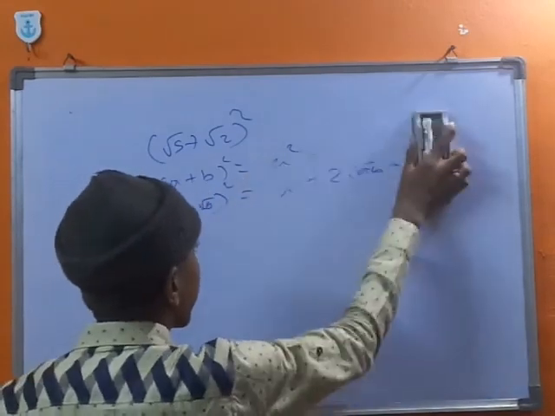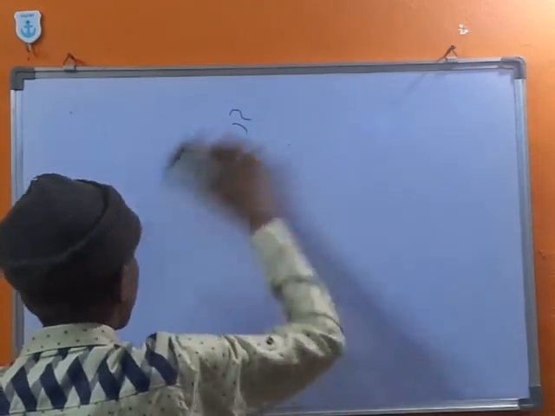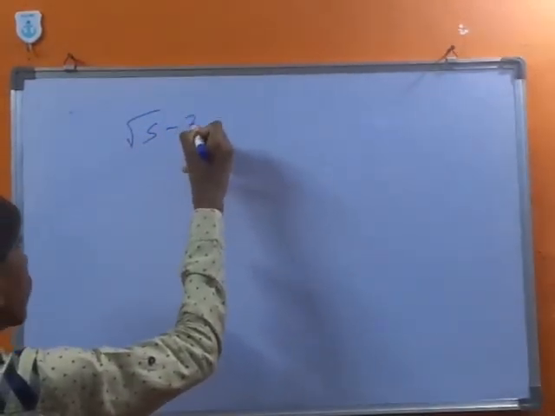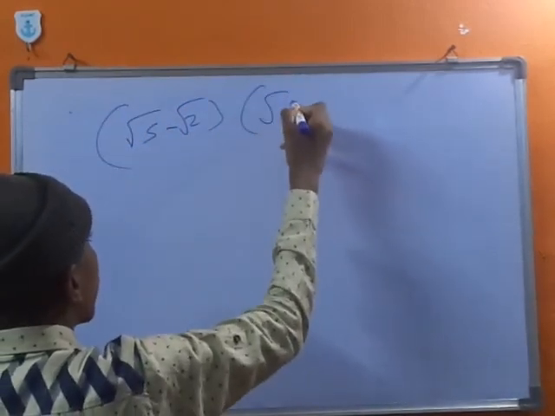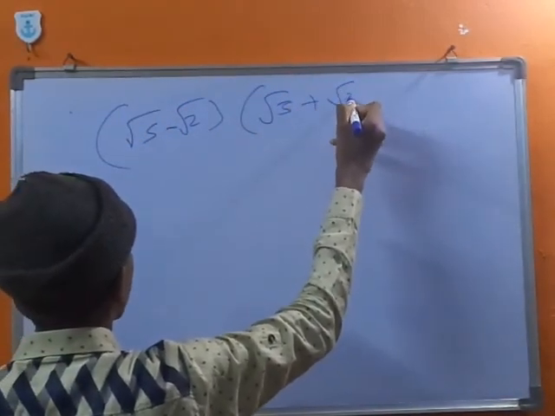So the next one is the final one: root 5 minus root 2 multiplied by root 5 plus root 2.